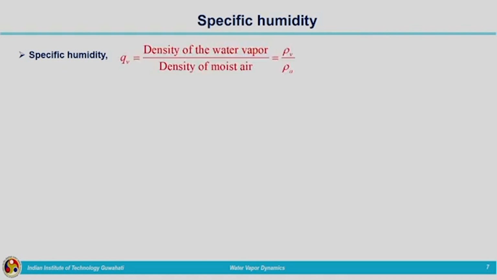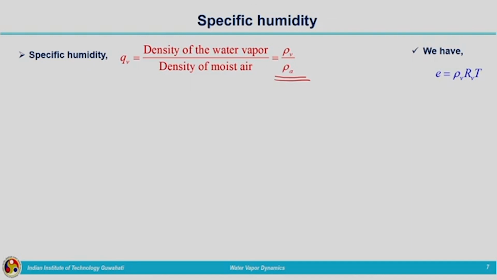Specific humidity is given by the density of the water vapor divided by the density of moist air, that is rho V divided by rho A.